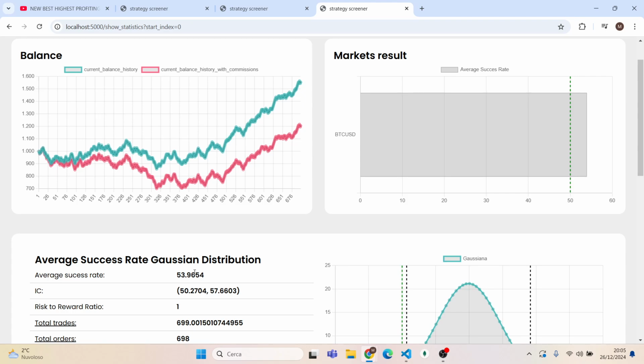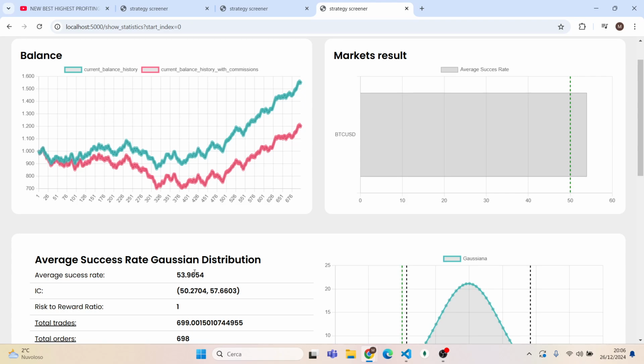Maybe I could make my software block itself until the old position has been closed. So what does it mean? If I had to open a position but the AI said no, don't open it, I would block the software until this position was closed, and in this way new orders would not have been opened.